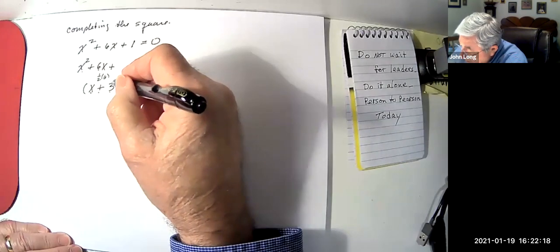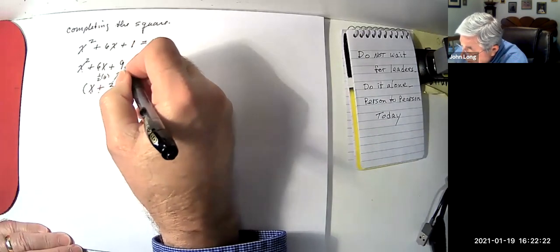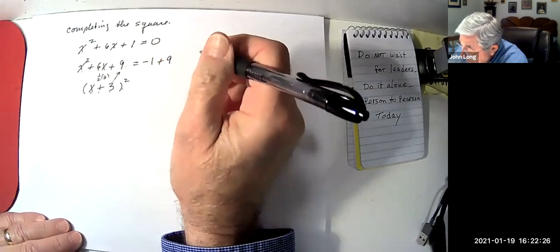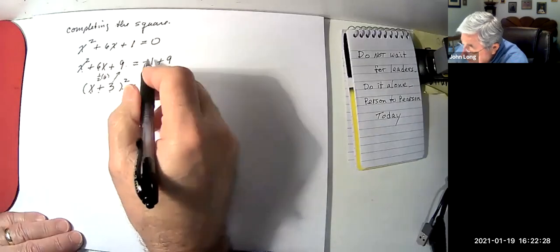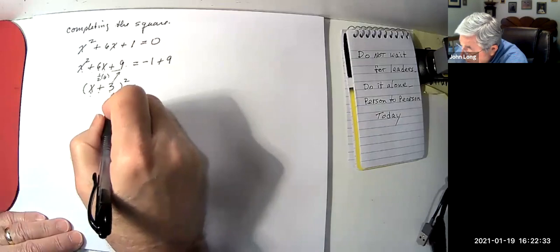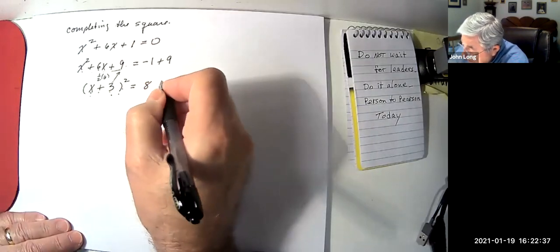And you do that by taking 3 squared, which is 9, and you add 9 to both sides of the equation. So then this side is x plus 3 quantity squared, and this side becomes an 8.